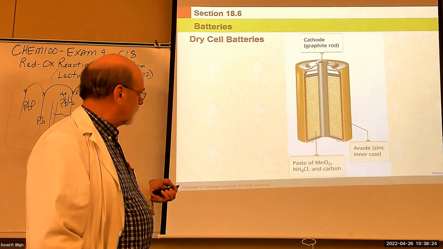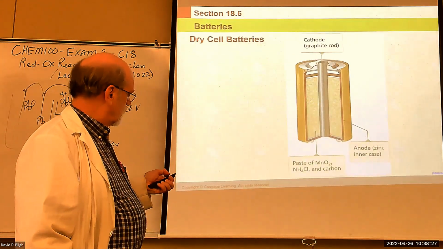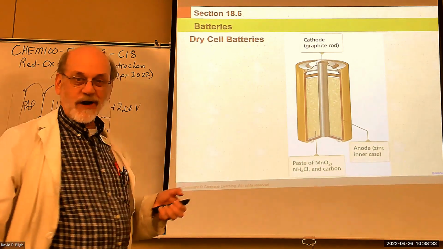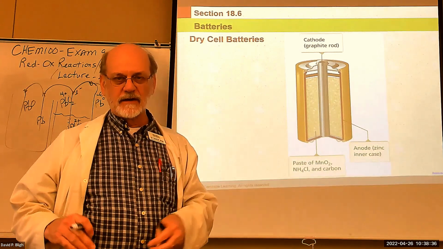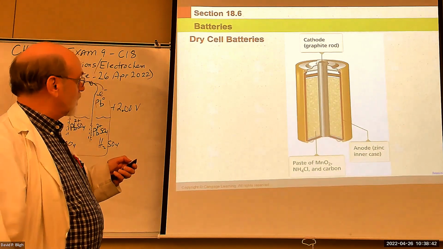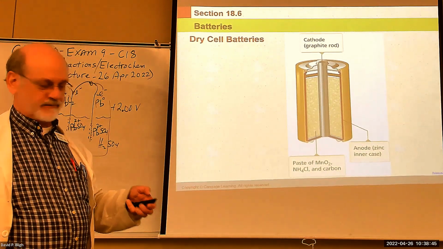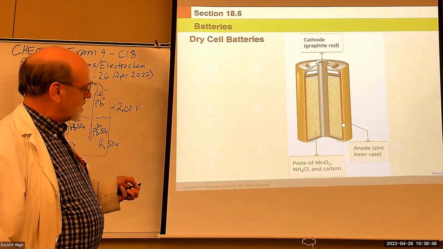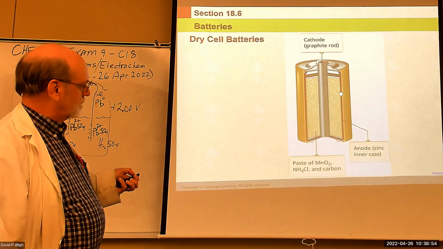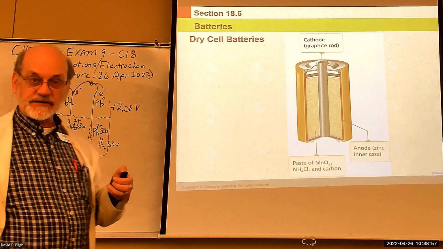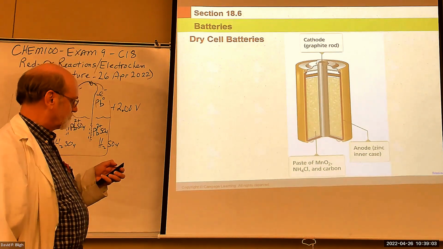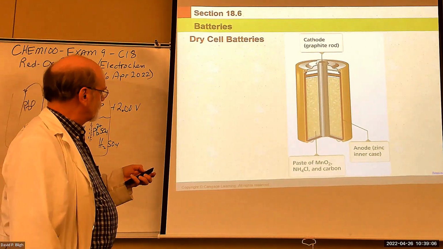So the electrons flow out this way, go out to do work, and then they come back in here. And that graphite rod is there simply as a conductor. It does not participate in the reaction. All the reaction for the cathode occurs in the paste. And the anode reaction occurs at the site of the zinc casing. Okay, so let's see.